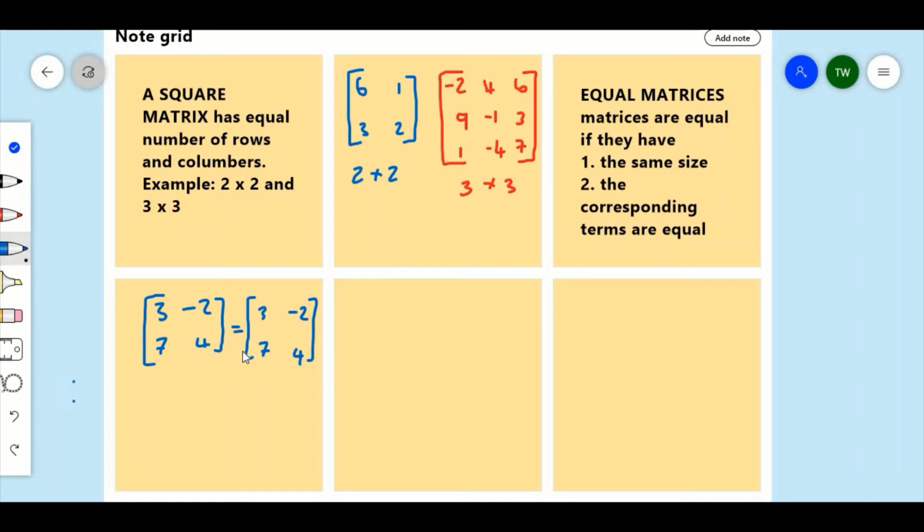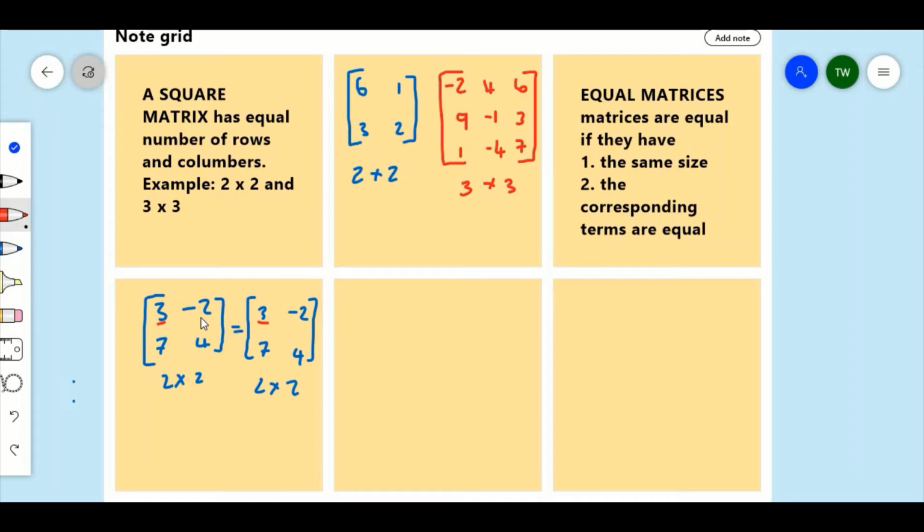Why? They are the same size. This matrix over here is a 2 by 2 matrix, and this matrix over here is a 2 by 2 matrix as well. And both matrices' corresponding elements are equal. So the first element here is 3, and the first element in this matrix is also 3.